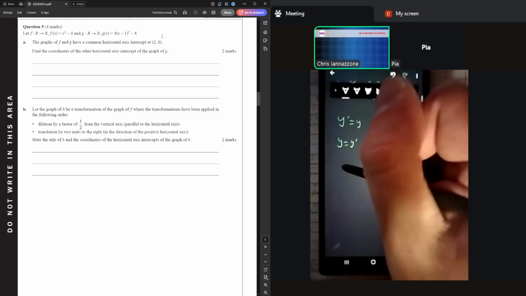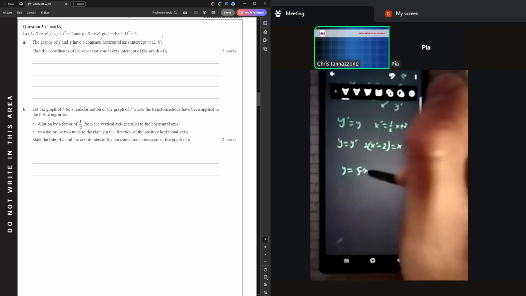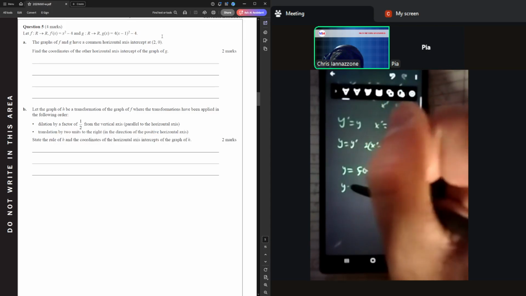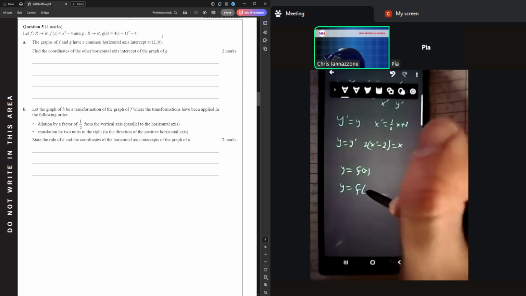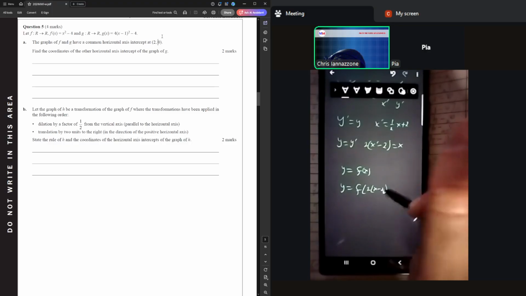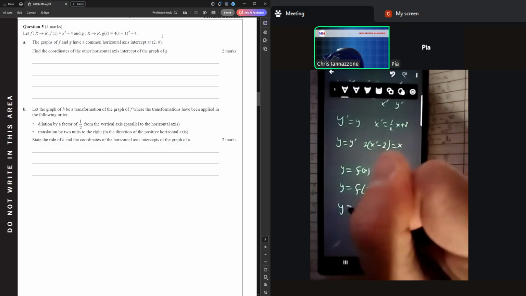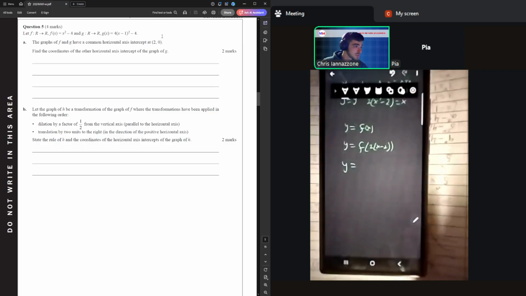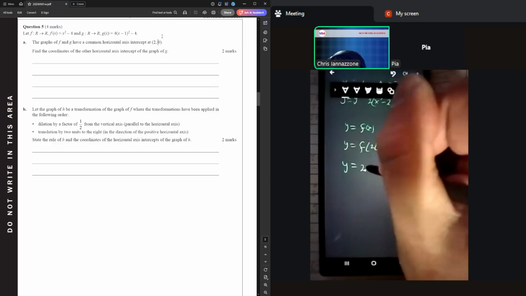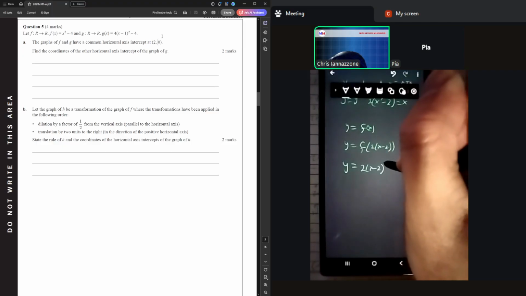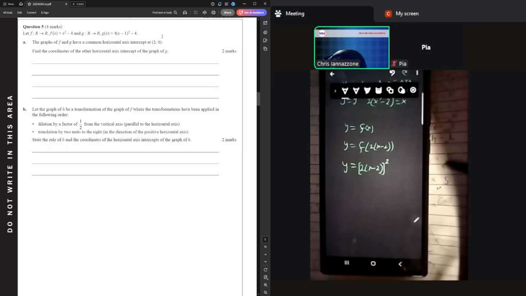So we have some function y equals f of x. We replace every y with y, and every x with 2x take 2. That gives us y equals (2(x take 2)) squared minus 4.